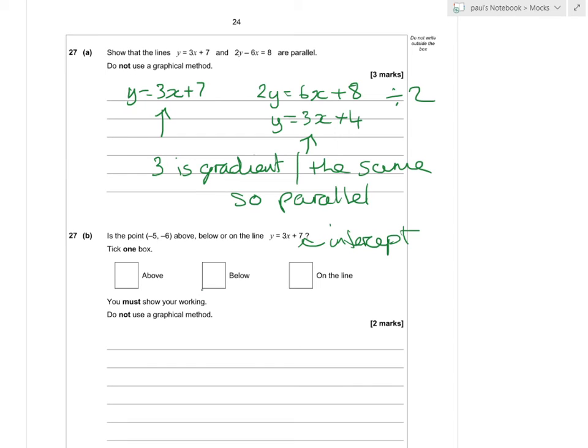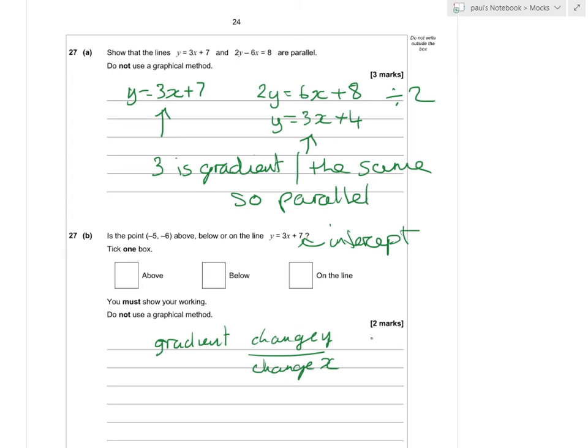So if we compare the gradient with this, so if we do the y, the gradient is the change in y over the change in x.